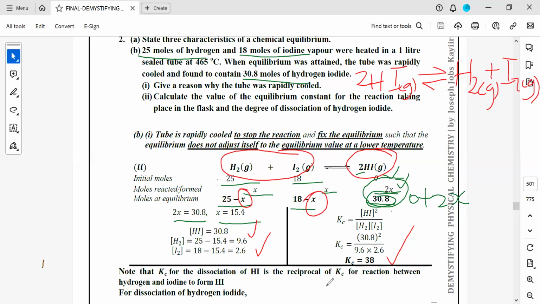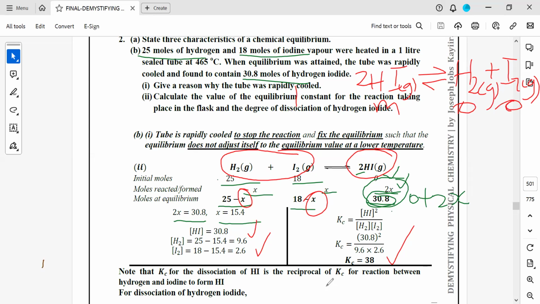If we have the initial number of moles as, maybe, M, we have M this side, and then the number of moles this side at the point of formation are that.